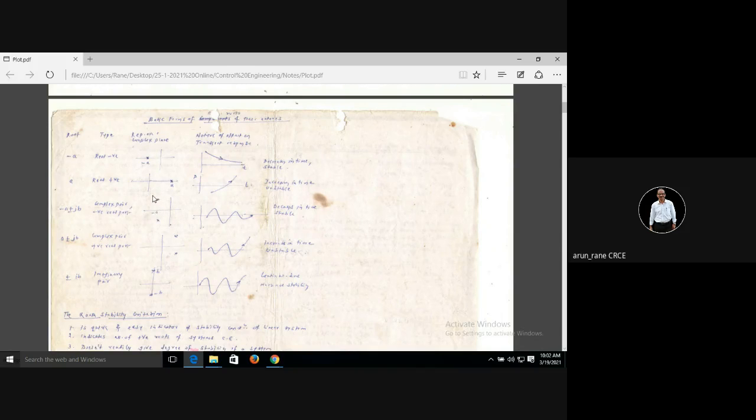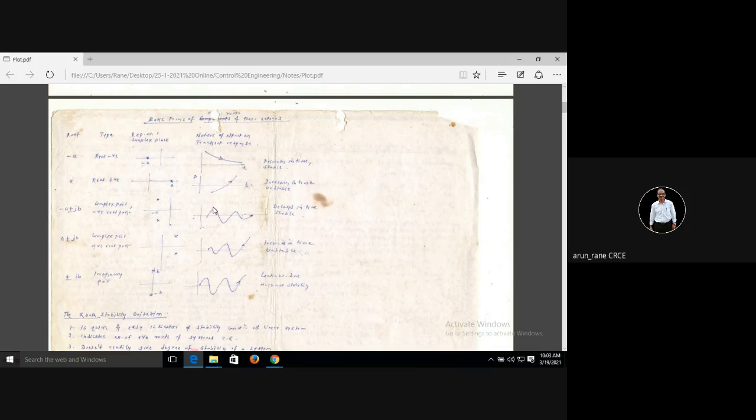If we have complex roots on the negative side, like this condition here, one root is here, another root is here. These roots are shown by this cross.